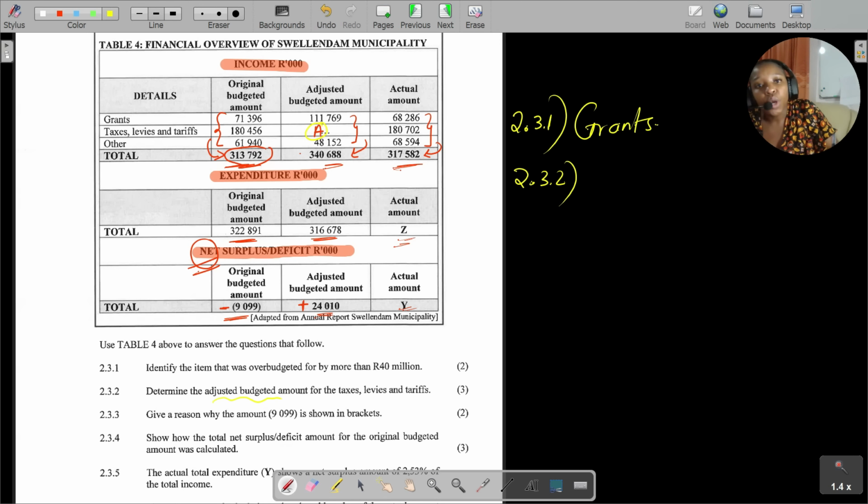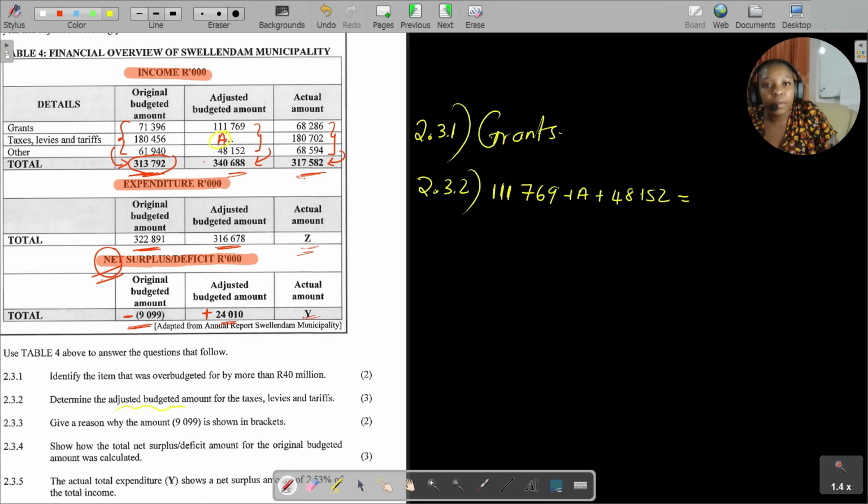All that we need to do, we will take that 111,769 plus a plus 48,152, and this is going to give us how much? Obviously this is rands. This is going to give us 340,688. Remember the 000s, né?